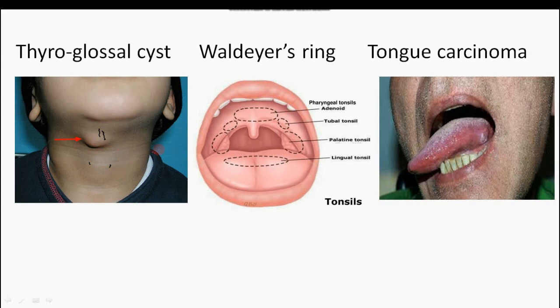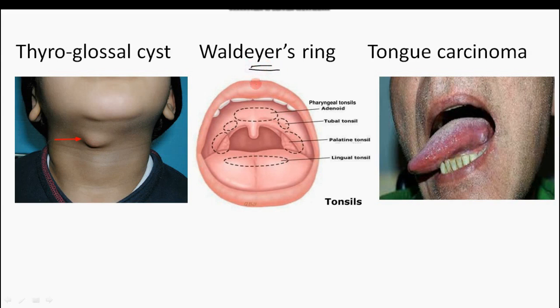In the thyroglossal cyst, this thyroglossal duct fails to disappear and forms a fibrous cyst in the region of the neck. So this is a congenital anomaly, and it is removed surgically. Clear?